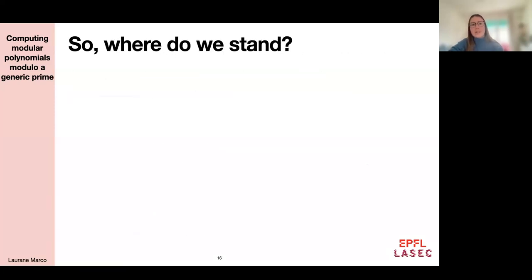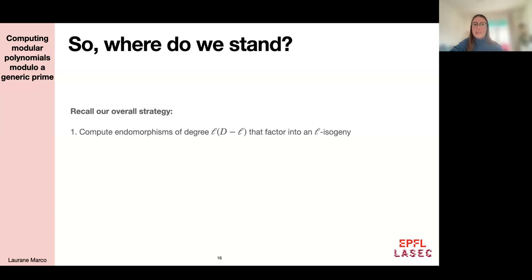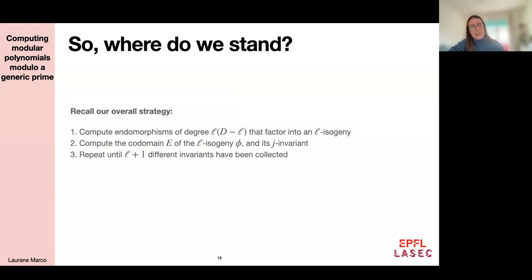All right, so where do we stand now? So our overall strategy was, okay, we compute an endomorphism like this, of degree L times d minus L. For each, we compute the codomain of the L-isogeny and its chain variant, and we repeat until we've got enough. And we really haven't found any good ways of controlling the endomorphisms.